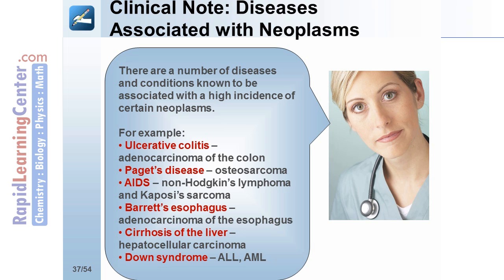Some functions and examples of chemical mediators of inflammation are vasodilation, caused by histamine and nitric oxide; increased vascular permeability, caused by histamine and bradykinin; vasoconstriction, caused by thromboxane A2; pain production, caused by bradykinin and prostaglandin E2; fever production.